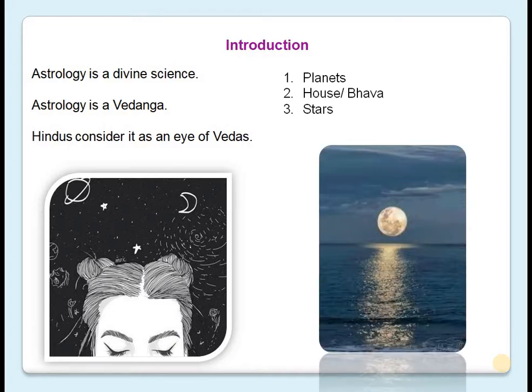You know that during full moon day and new moon day, the Moon influences the ocean. A lot of changes happen during full moon and new moon days, especially the tide level, the water level changes. So it shows that the Moon directly influences the Earth.